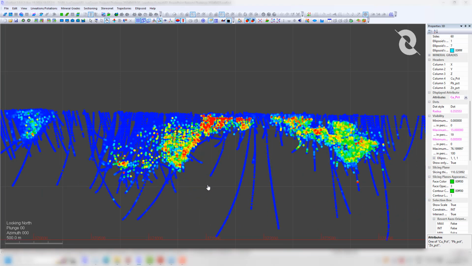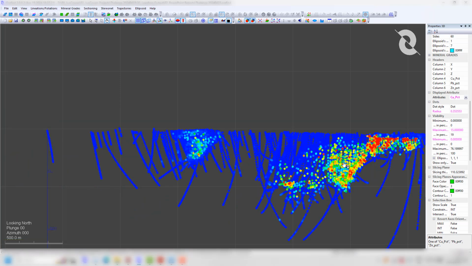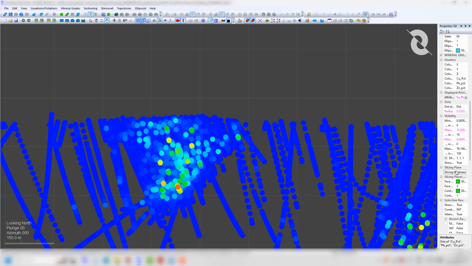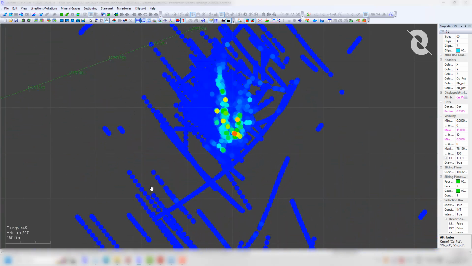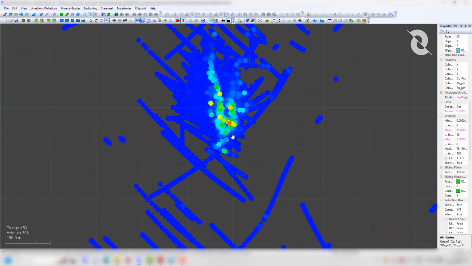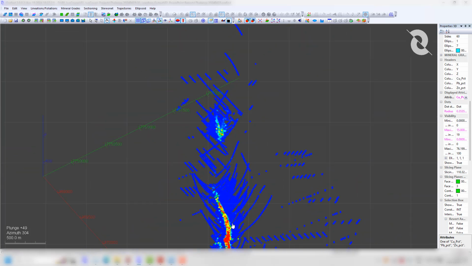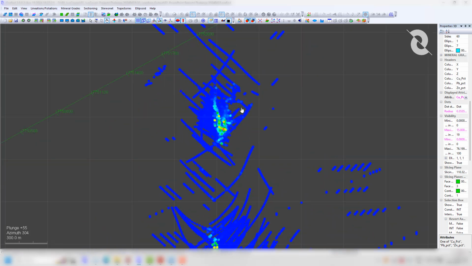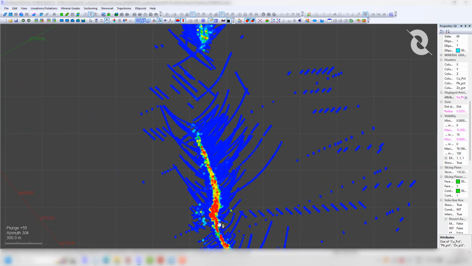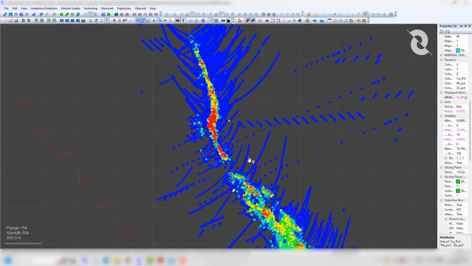So let's see if that hypothesis is true. I'm going to look over here, and you can see on this side, if you look down plunge, there's a fold-like feature. So I expect that to be a fold. That sounds like a good possibility.